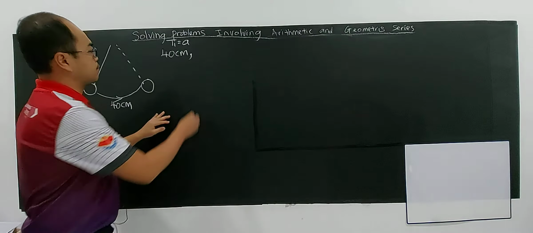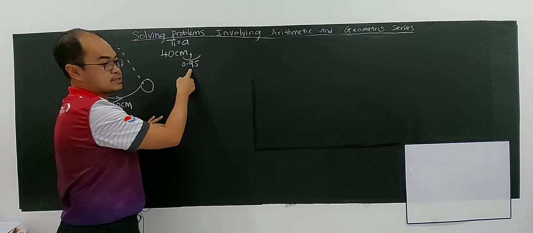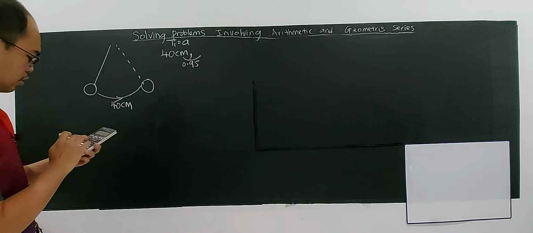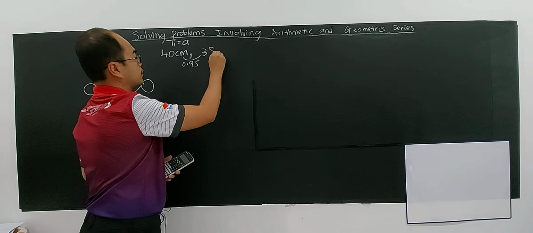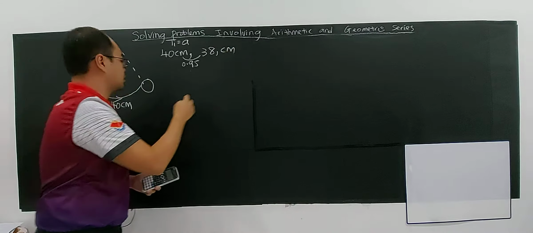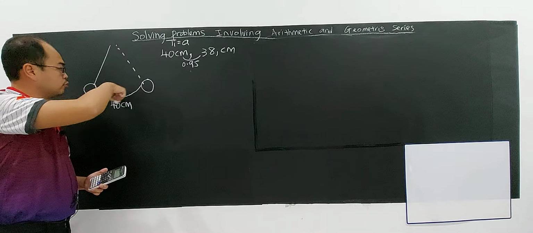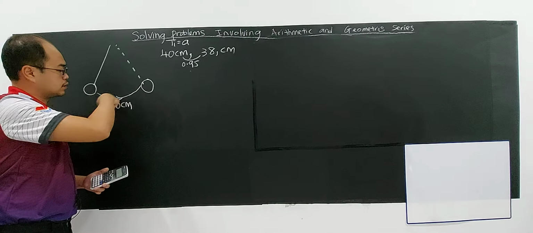This problem, 40 cm, 0.95 means it's less than 1. If you multiply 0.95 by 40, you have 38 cm. The first swing is 40 cm, and when you swing back, it won't reach this location here. It will reach lower than this, which is 38 cm.